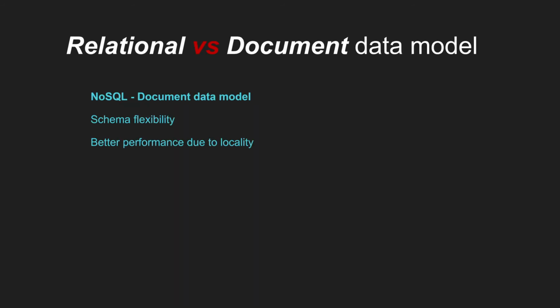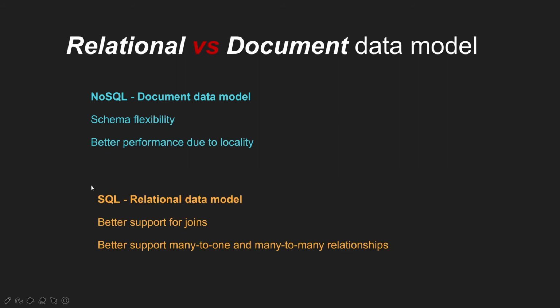NoSQL document data models offer schema flexibility and better performance due to locality. The SQL relational data model has better support for joins, and better support for many-to-one and many-to-many relationships.